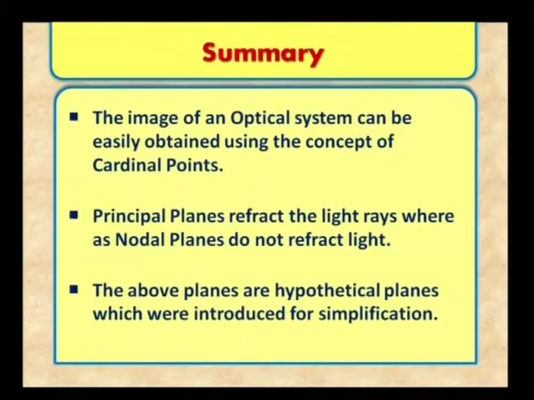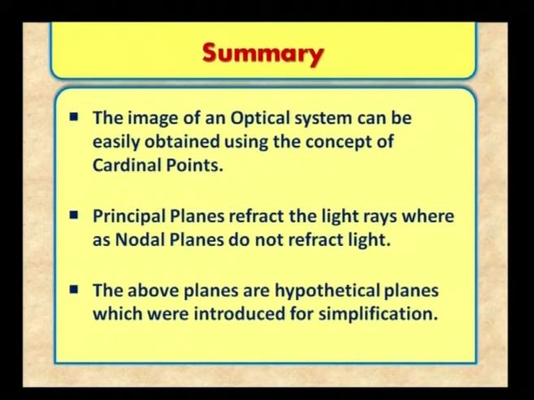We will now go to the summary part of this lecture. The image of an optical system can be easily obtained using the concept of cardinal points. Principal planes refract the light rays, whereas nodal planes do not refract light.